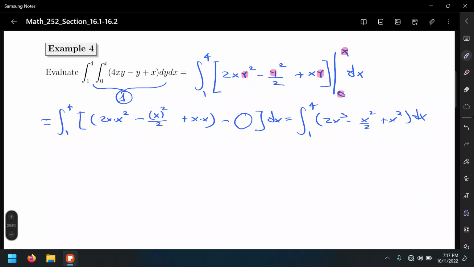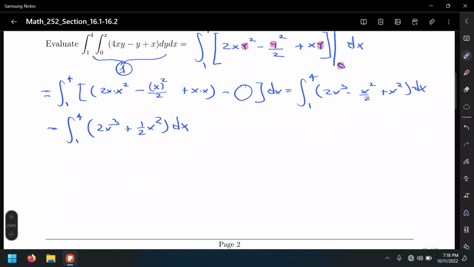So negative 1/2 x squared plus 1 x squared reduces to 2x cubed plus 1/2 x squared. And the problem is now reduced to a regular single integral. One single variable, all x's, with respect to x, so we would expect to get a single number as a final answer.